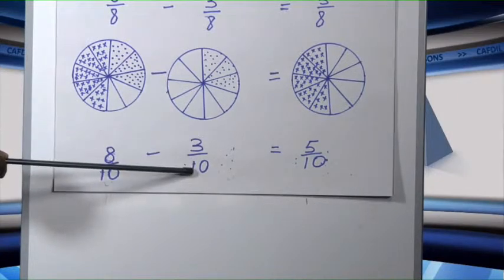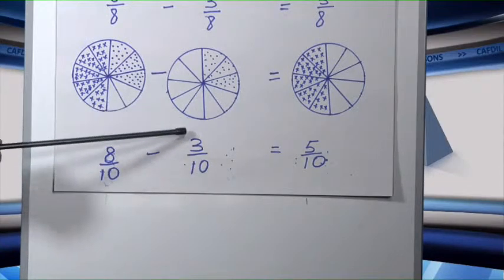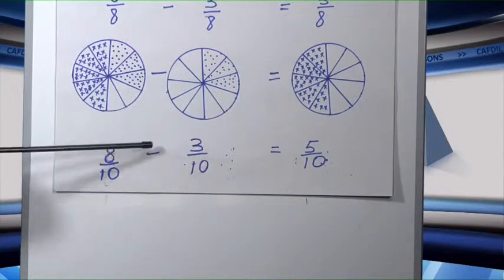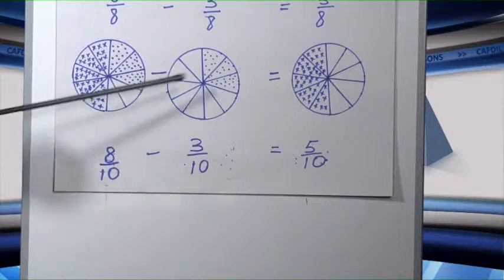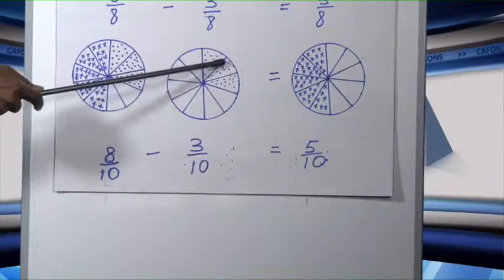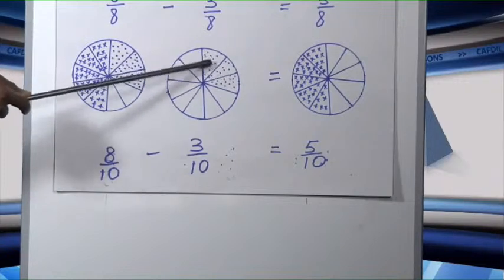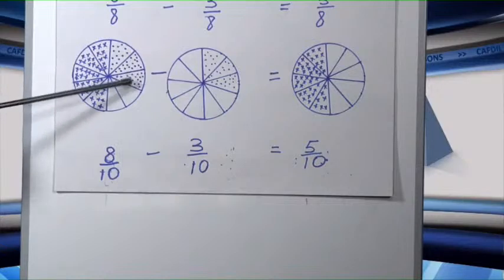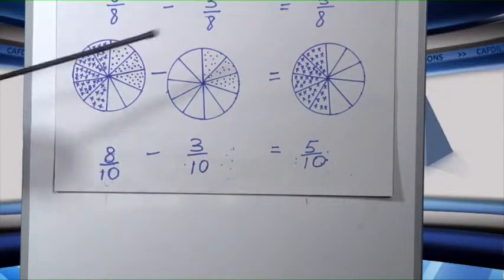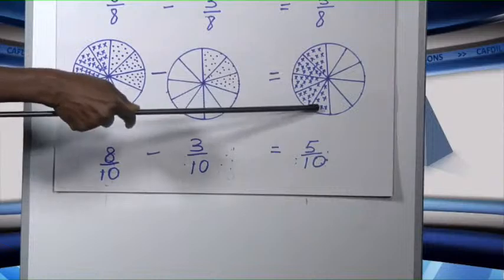3 tenths. So if you subtract 3 tenths from 8 tenths, it means the same as, look at this shading, dot, dot, dot. If you take the 3 dots from here, what will be left is this. That's what you see there.